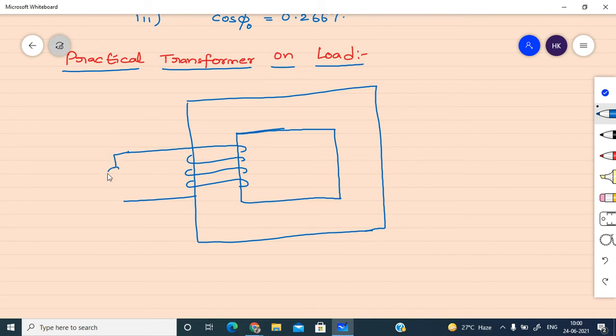This is the primary winding, which is connected to the alternating voltage. This is the secondary winding, which is connected to the load. This is the load.